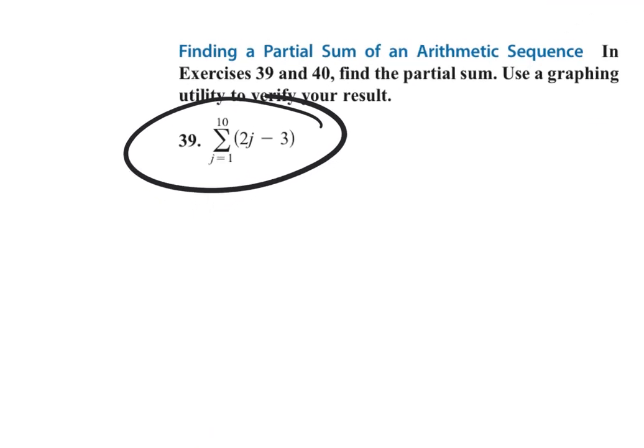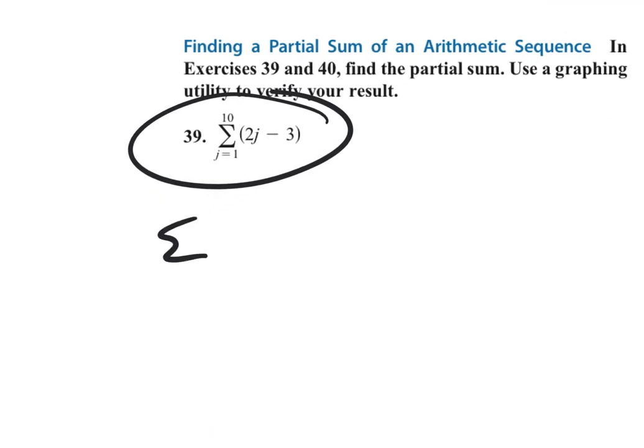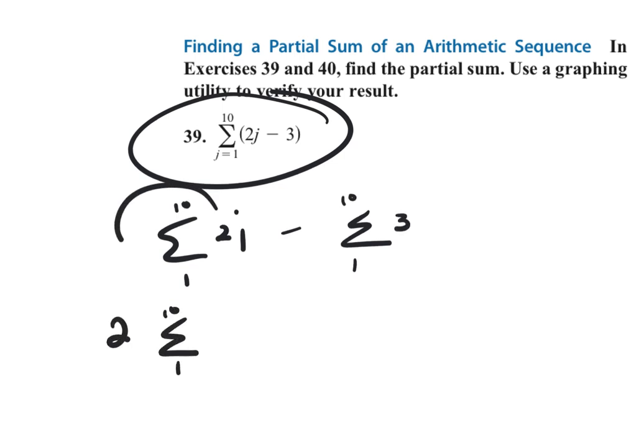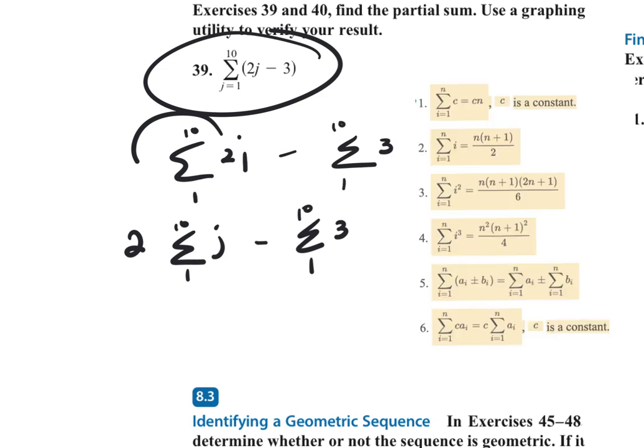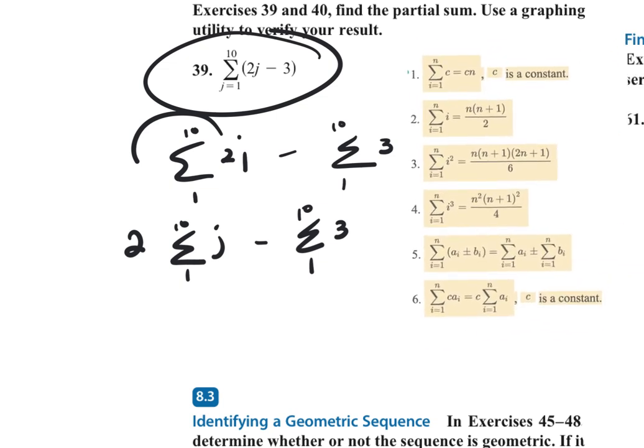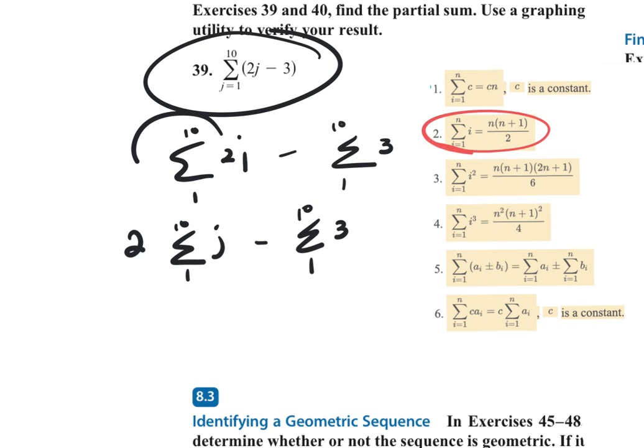I could split it, so it'd be from 1 to 10 of 2j minus from 1 to 10 of 3. And then the 2 bumps to the front, so 2 times the sum from 1 to 10 of j minus the sum from 1 to 10 of 3. And then I could use my little yellow chart. You could get your little yellow chart, just the single variable is the n times the n plus 1 over 2.